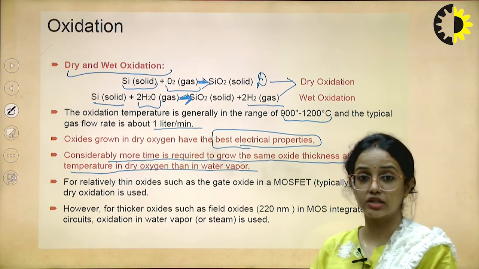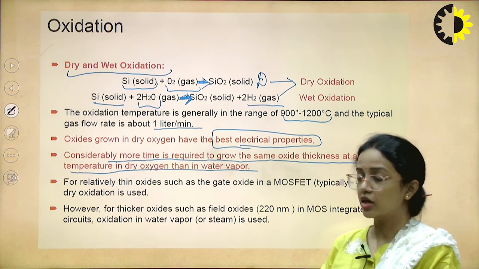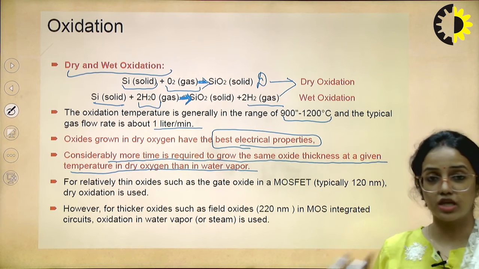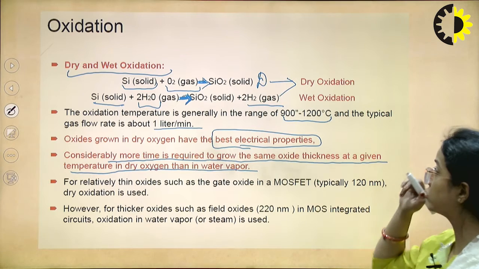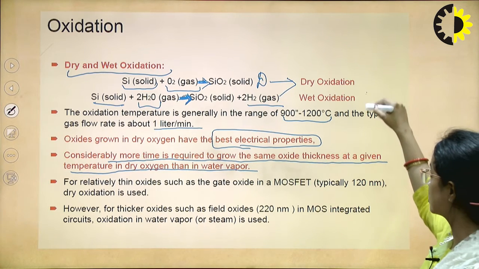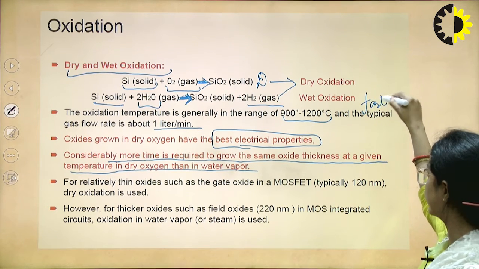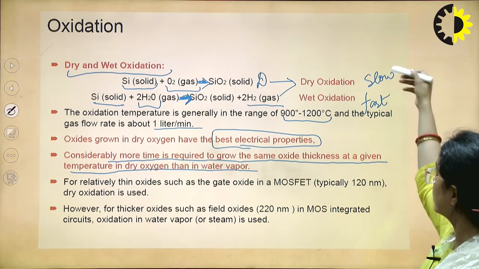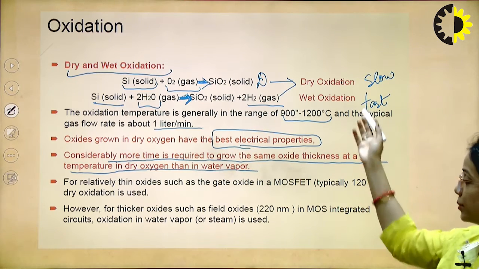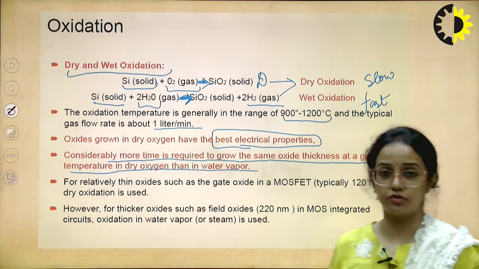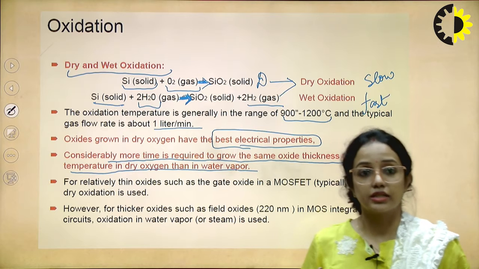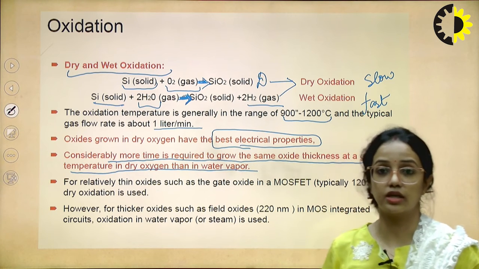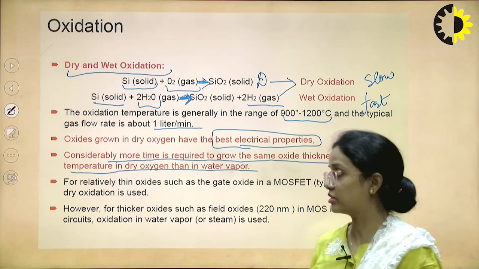To achieve better electrical properties, for the same amount of time we get a very thin layer. So we say that wet oxidation is fast and dry is slow. So the thin oxide layer requires more time, whereas the thick oxide layer grows fast and requires less time.